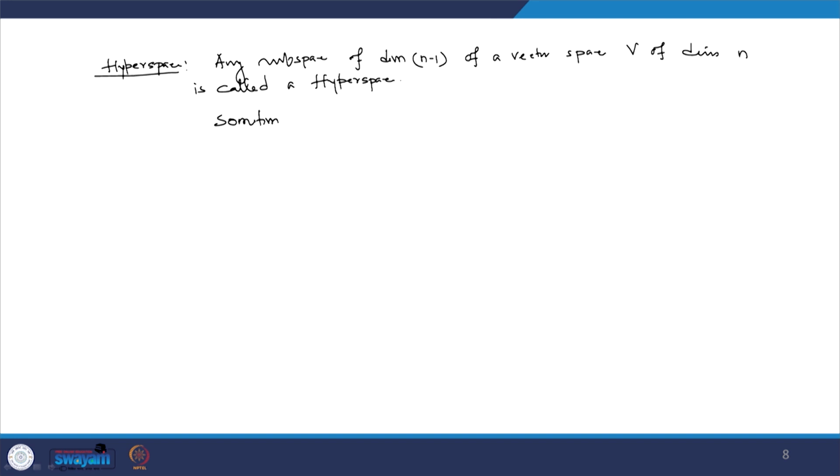Sometimes it is also known as a hyperplane.